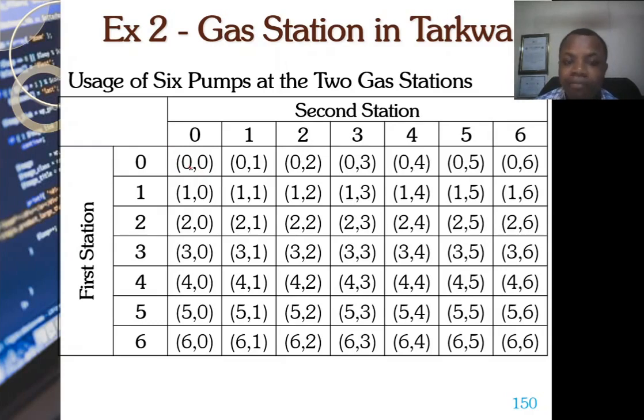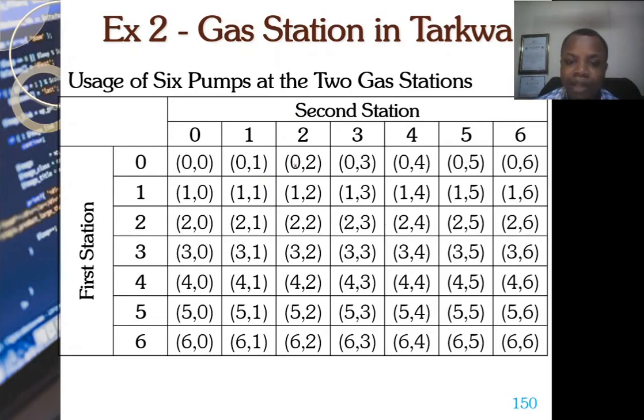it could be that by the time we are conducting this experiment, no pump will be used in the first station, and as well no pump will be used in the second station. Okay. Now once we move to this side, it could be that at the first station no pump will be used, but at the second station, one pump will be used.